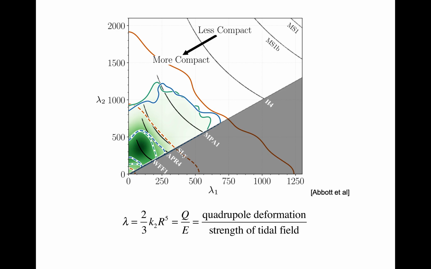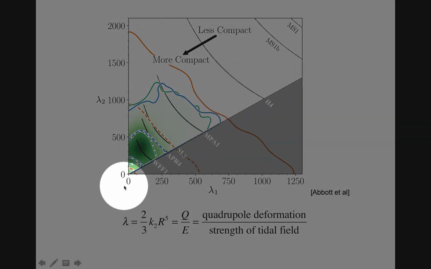Now the lambda, the tidal deformability, is essentially how much the matter is deformed by the impact of a given tidal field. And that's typically either written as lambda, the tidal deformability, or expressed in something called the Love number k2, where there's a radius scaling, radius to the fifth power, going between these two.